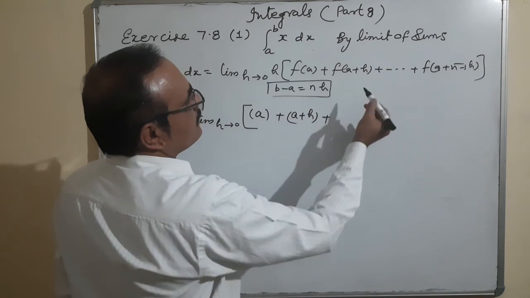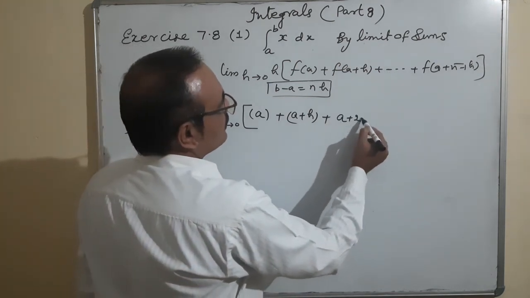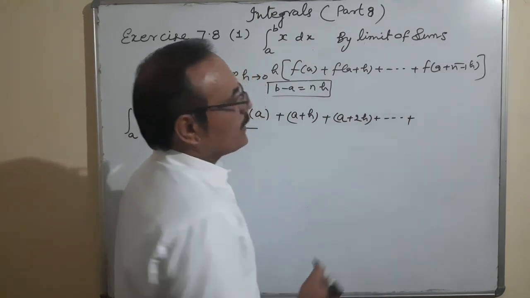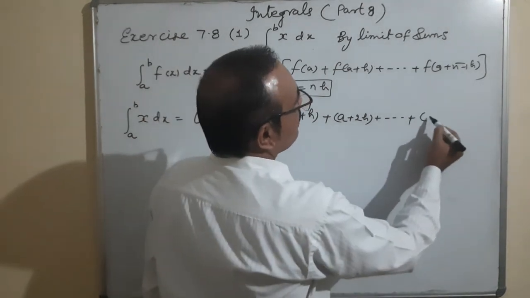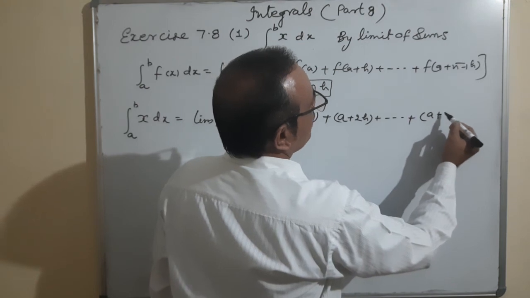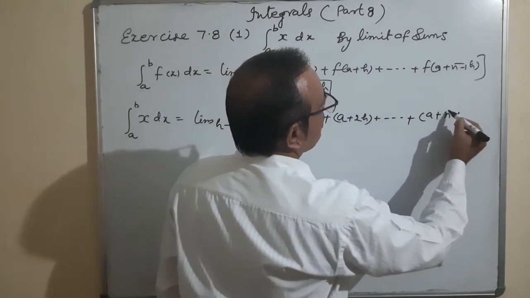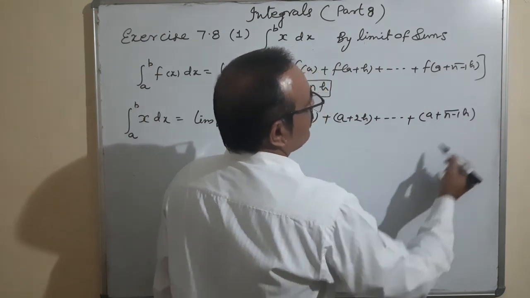Plus second, a plus 2h: x will be replaced by a plus 2h. Plus, x will be replaced by a plus (n minus 1) into h. Okay.